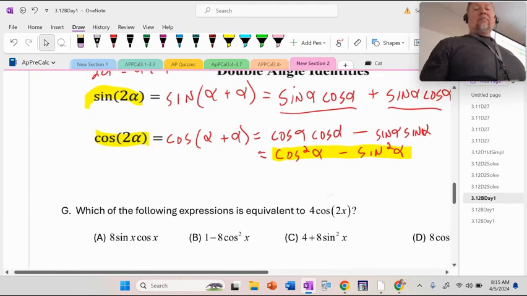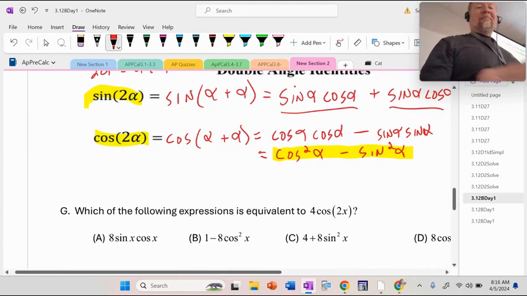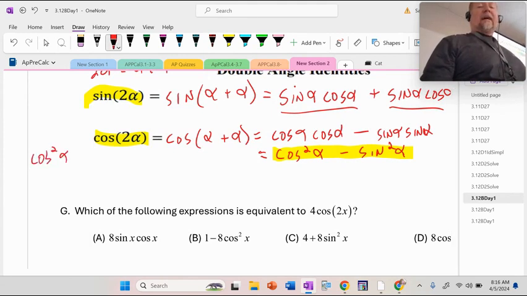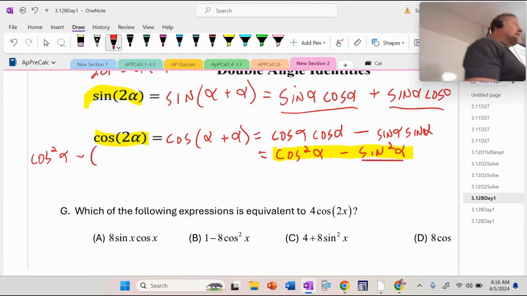Here's what I can do, and I'm going to do the work off to the side. You could do one of 2 things. You could replace this sine squared with what it's equal to in terms of cosine squared because of the Pythagorean identities. So what is that? Remember, sine squared plus cosine squared equals 1, and I subtract them. So what's sine squared equal to?